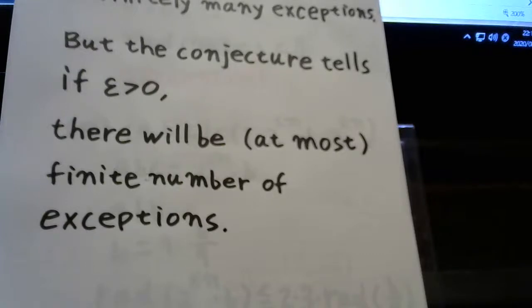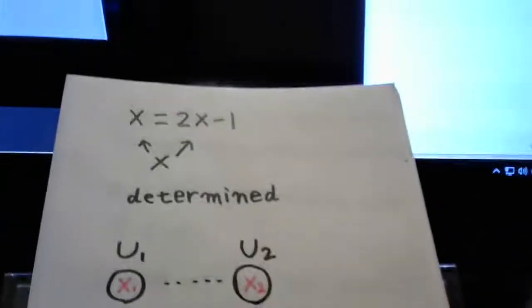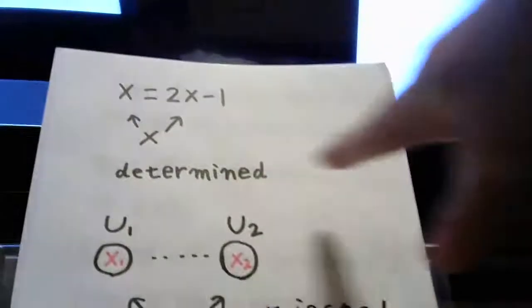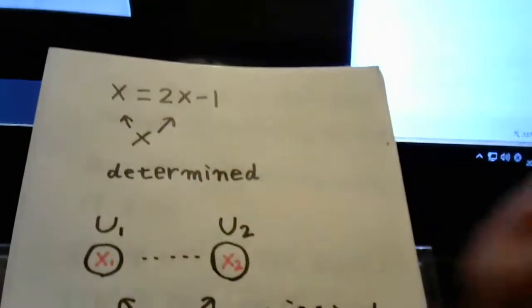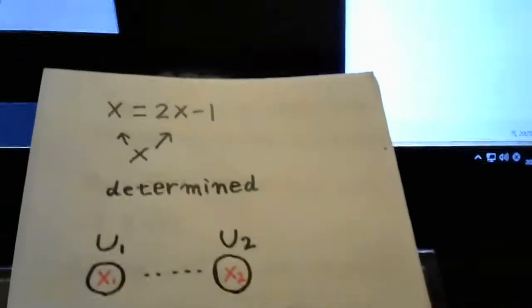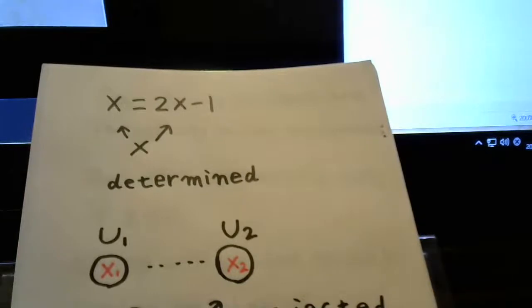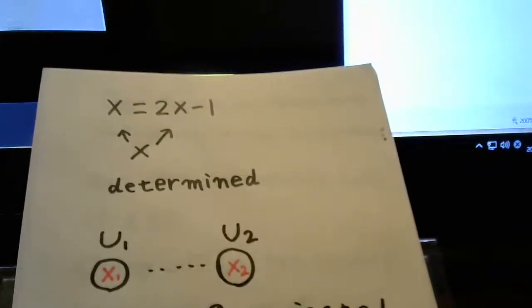Let's think of this case. This equation, x equals 2x minus 1. Well, it's an easy one. Both sides are numbers related to x.